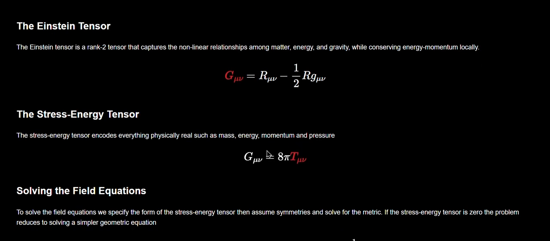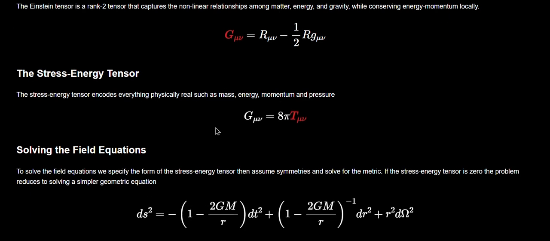The stress energy tensor shows the distribution, the matter content. It basically includes everything. To have a solution to these equations, you have to satisfy both sides. It's a little weird, but you have to satisfy this side and this side.